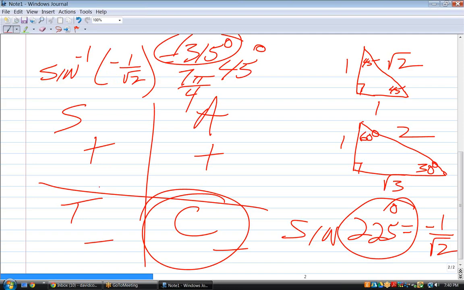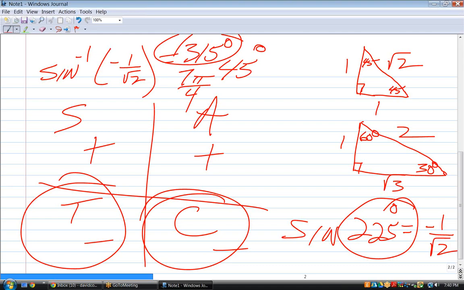It will not give you the third quadrant answer in your calculator. And we only know that the third quadrant is an answer if we know that we're looking for all answers between 0 and 2 pi. If they don't specify a domain, then the answer is 315. That's what your calculator gives you.